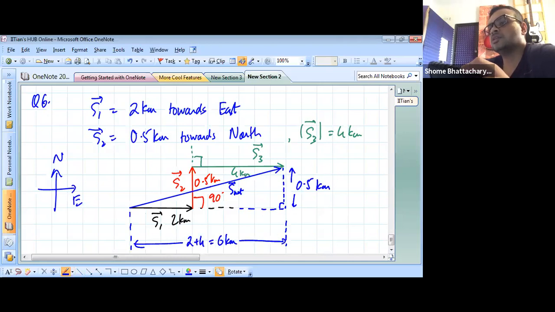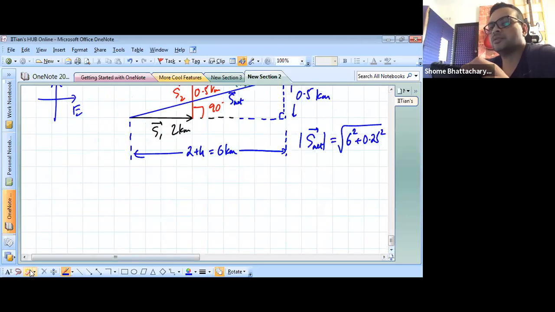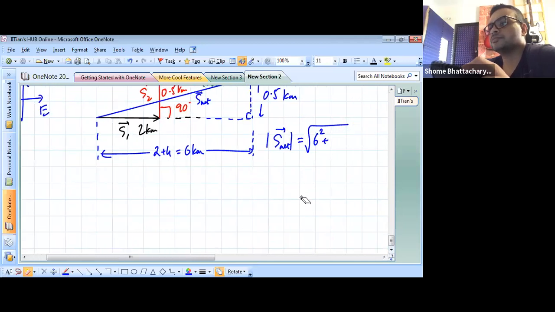So the net displacement is just the hypotenuse of that triangle. So it is square root of the base square, which is 6 square, plus 0.5 square. After squaring it will become 0.25. So that's why the magnitude of this is square root of 36.25 kilometers.